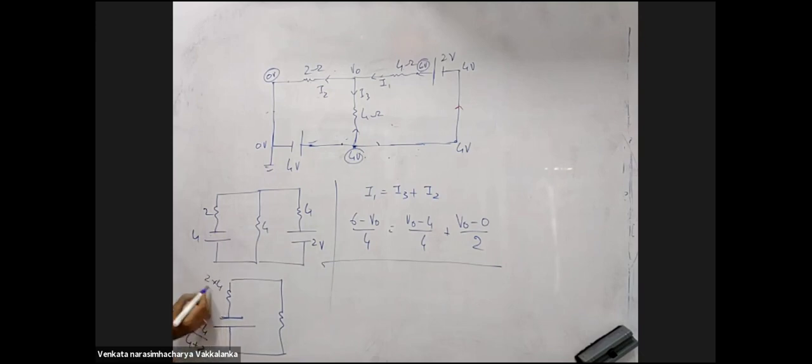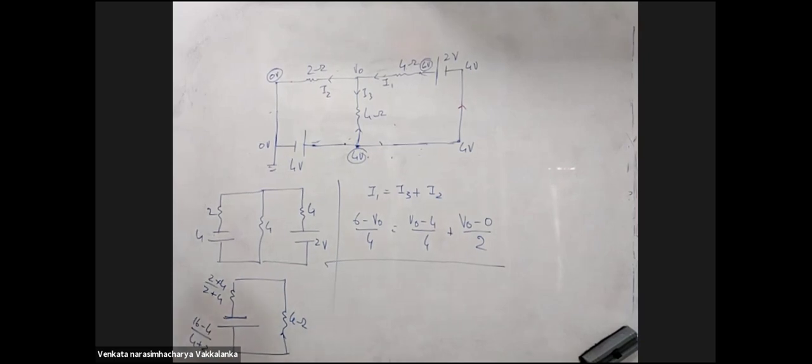Here it will be 2 into 4 divided by 2 plus 4. This is 4 ohms. You will get the current in this direction. Please have a look at your notes. If I have taken the wrong polarity for the 2 volts battery in the second procedure, please rectify that.